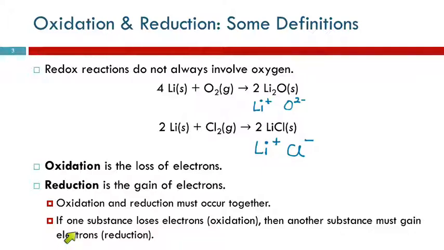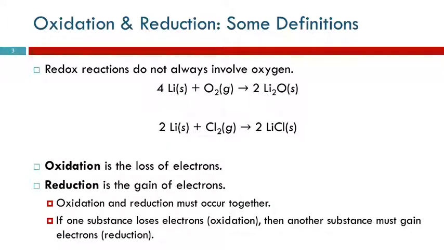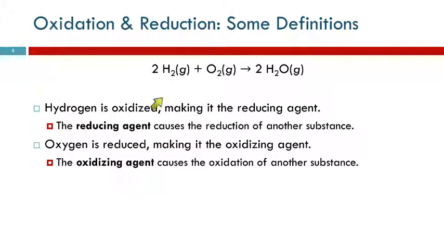If one substance loses electrons, then another has to gain them. You can't have orphan electrons. You can't go to the pound and adopt electrons. You have to get them from someone. In this reaction, it seemed like I missed one, but I didn't.